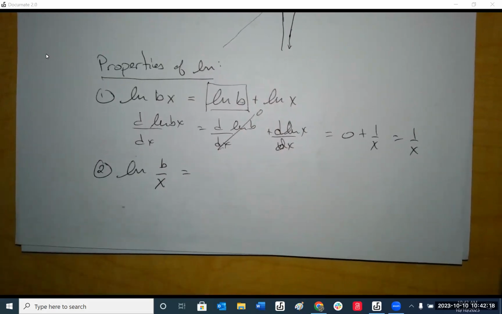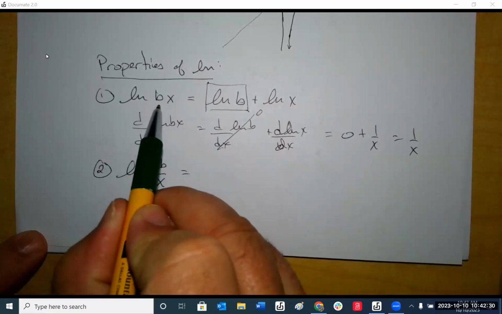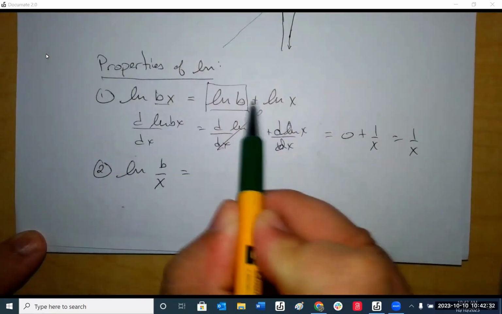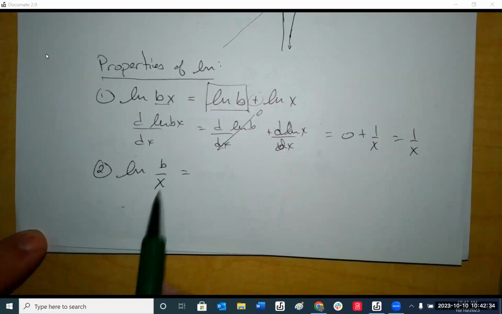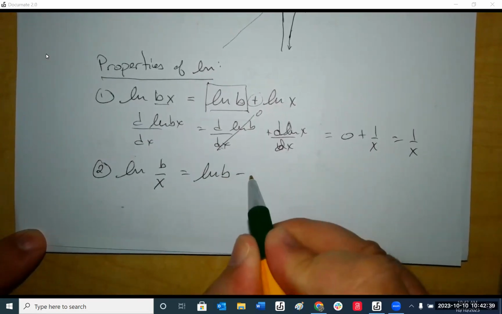The same goes for ln of b over x. Since multiplication makes things bigger, that's why we add them. Division makes things smaller, that's why we subtract them.